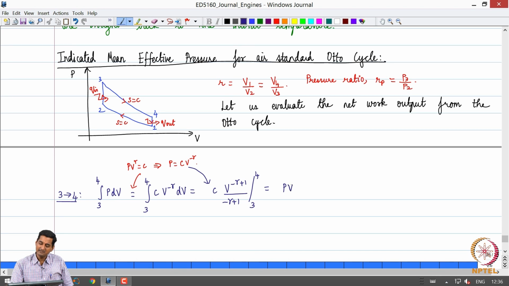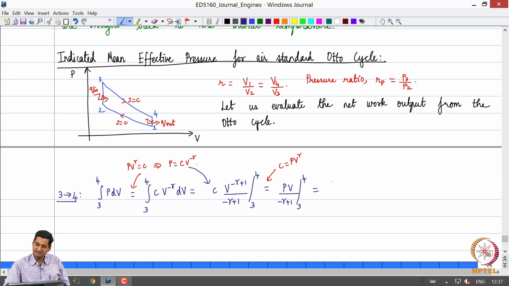So, what will I get? I will get PV divided by (-gamma+1) evaluated between 3 and 4. How did I get this? Here I can substitute C equals PV^gamma; PV^gamma times V^(-gamma+1) will give me PV. So, that is what I did.